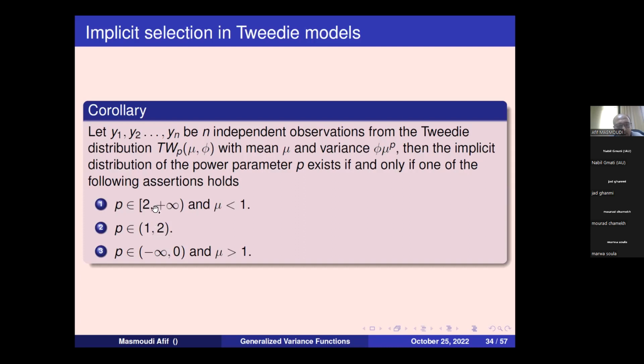If p is greater than 2 and mu is less than 1; second, p belongs to (1, 2), there is no condition on mu; the third case, p is negative and the mean parameter is greater than 1.